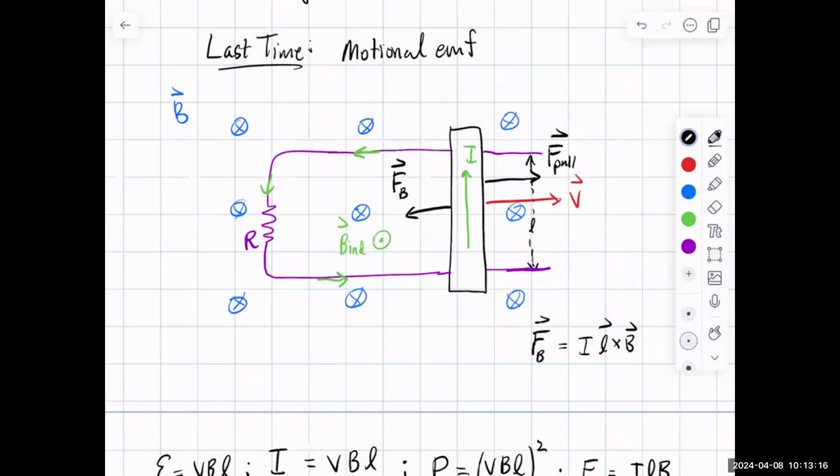And so if we said that our height or the distance between the parallel tracks is L, we could also label, for example, the horizontal dimension of our circuit. And at the instant that I've drawn it, it maybe has this length X.